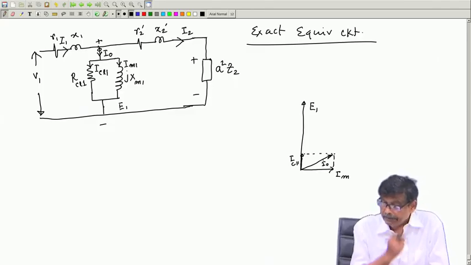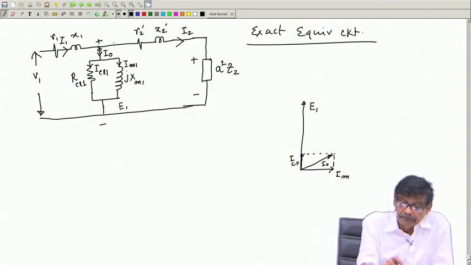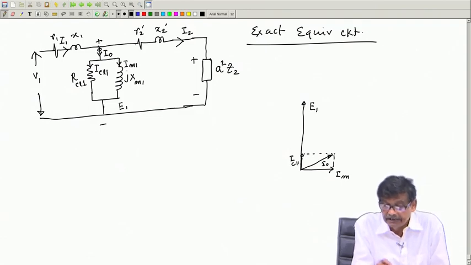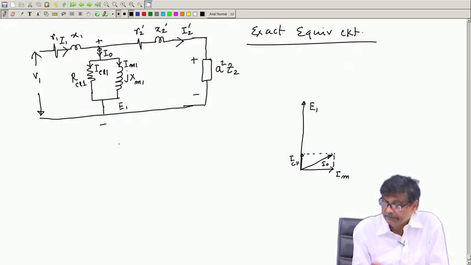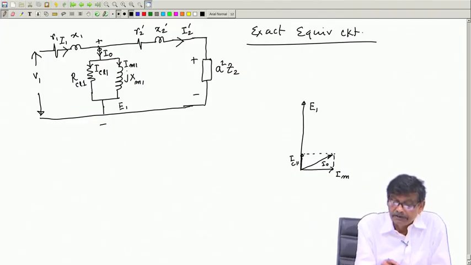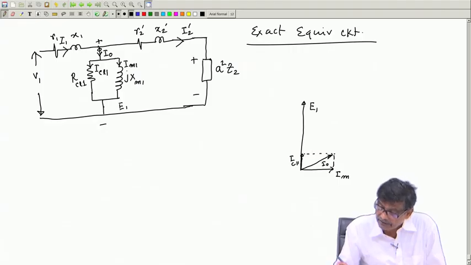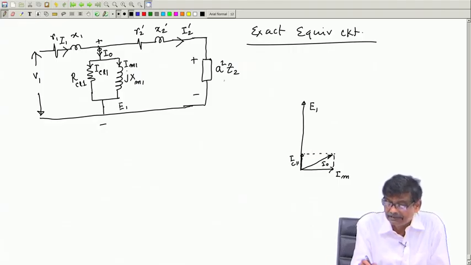Then E1 divided by this whole impedance will give you the current I2 dashed. So, E1 divided by this whole impedance will give you this current. Suppose that current, this is lagging power factor, let us assume.